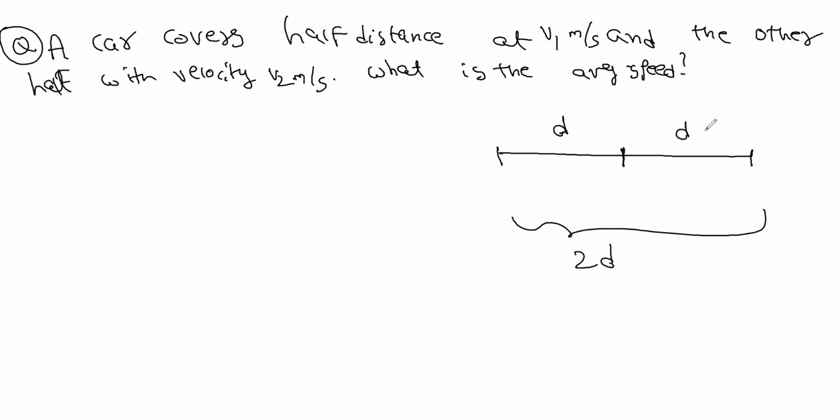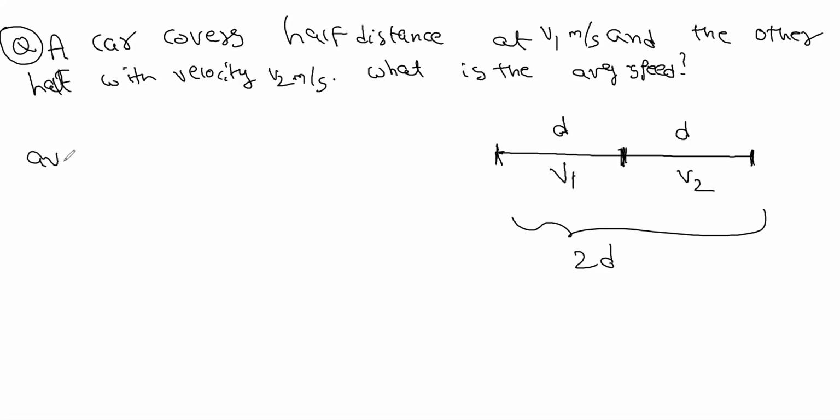Just to avoid fractional values, I am taking d and d. So the first half he covers with velocity v1, and the second half with velocity v2.